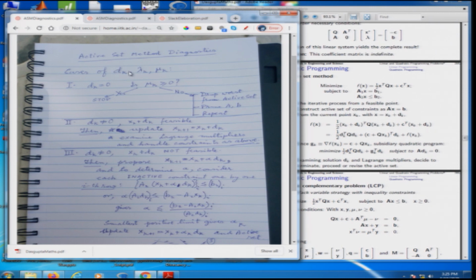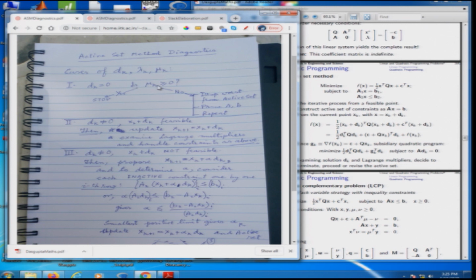Now, what do you really examine? First thing, if in the solution d k turns out to be 0, that means what? The optimization step in this iteration is suggesting do not move. Then lambda k's could be positive, negative, 0, whatever, you do not know. So, whatever comes, you have to accept them. Mu's, you know that mu's should be all non-negative.